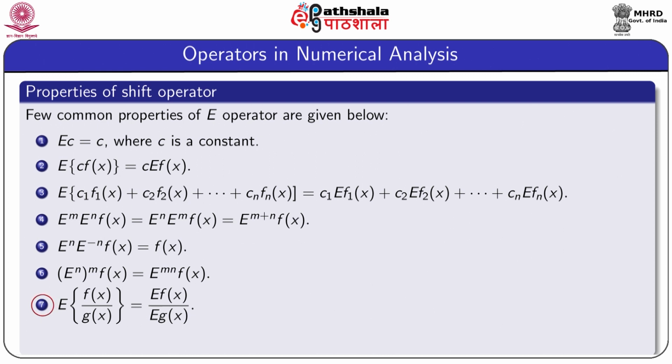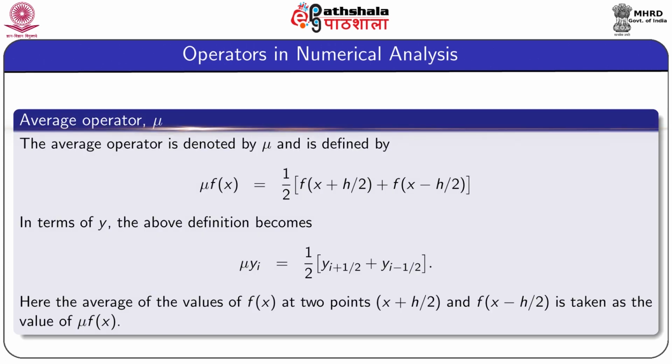The shift operator can be applied to the division of two functions, and the property gives E of f(x) by g(x) equal to E of f(x) by E of g(x), but this property does not hold for the forward difference operator and backward difference operator. This is only valid for the shift operator. The shift operator for the product of two functions is given in property 8: E of f(x) into g(x) is equal to E of f(x) into E of g(x). So, these are a few important properties of the shift operator.